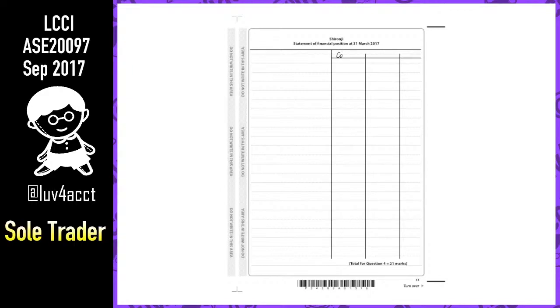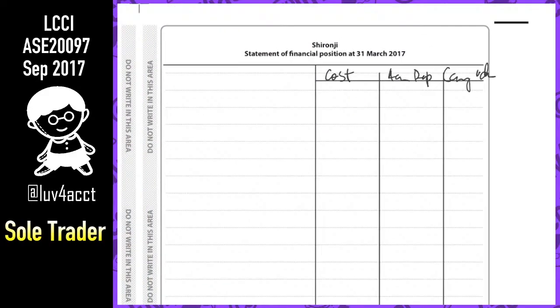The cost, accumulated depreciation, and then the carrying value. That would be for non-current assets. Property, plant and equipment 30,000, and originally 2,500 accumulated depreciation.